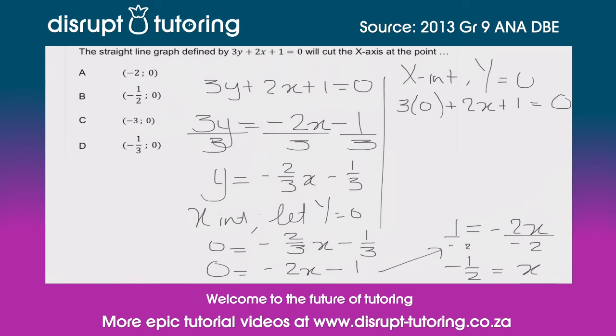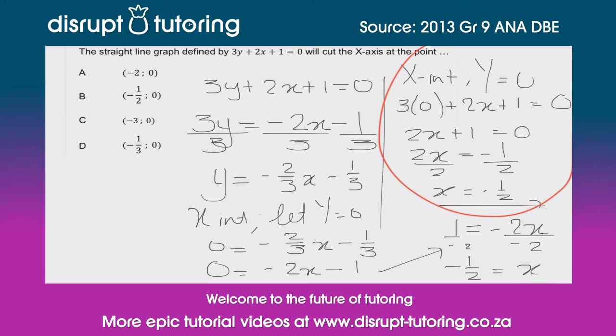That 3 times 0 gives us 0, so we're left with 2x plus 1 equals 0. We keep the 2x on the left-hand side, which gives us 2x equals minus 1. We then divide both sides by 2, and that gives us x is equal to minus a half. Again, it doesn't matter which way around you do it. You can see how much quicker it was to get to this answer, but the point is, we're getting to the same answer.